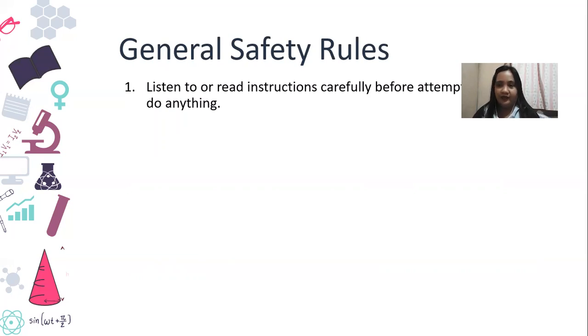And afterwards, I ask you to do it per group, or if it's an individual experiment, I will ask you to do it individually. And then I'll just be going around and helping out, facilitating the experiment. So it's always listening and reading together. It's just not reading, because sometimes if it's new to you and you just read it, you might not really get what I'm asking you to do for that experiment.